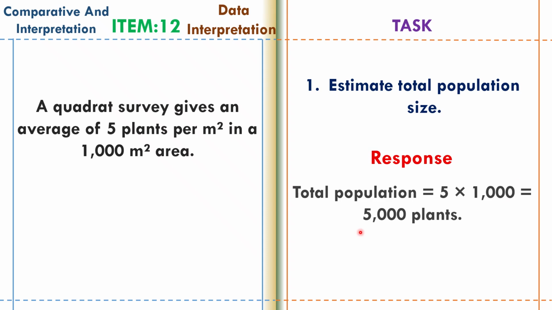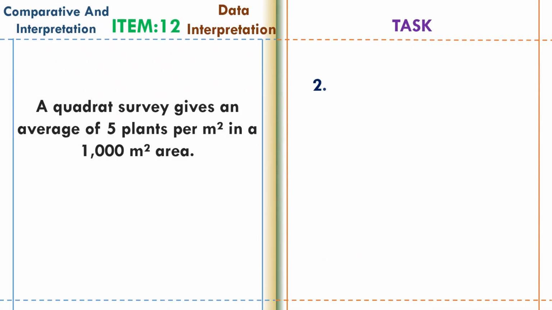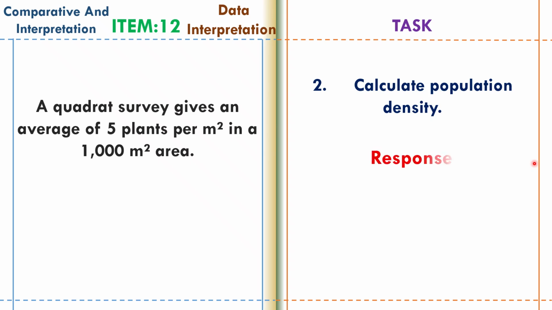This gives us 5,000 plants. Calculate population density. Density equals 5 plants per meter squared.